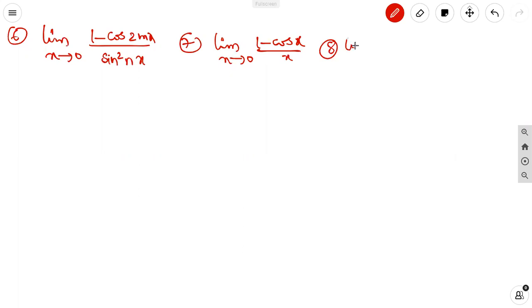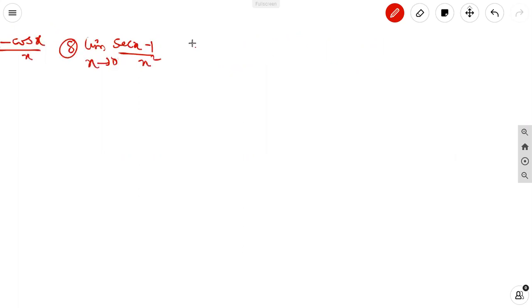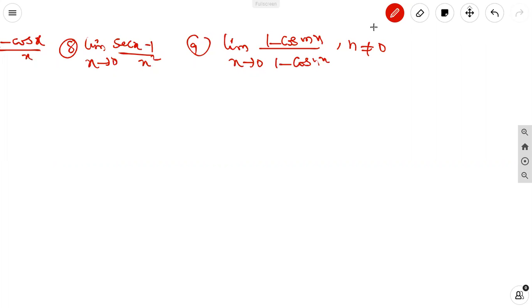Eighth one: limit x tends to 0, sec x minus 1 by x square. Ninth one: limit x tends to 0, 1 minus cos mx by 1 minus cos nx, n is not equal to 0. These are homework. Now I am giving a brief explanation on this.